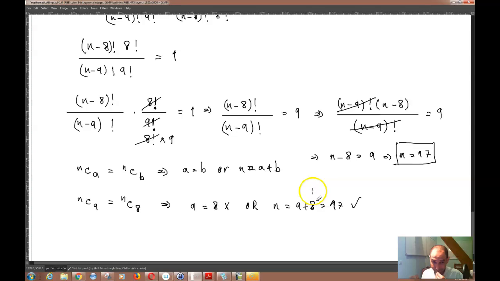Now what we wanted to calculate was n combination 17, which is the same thing as 17 combination 17, which is equal to n combination n, which is equal to 1. So that's how they have solved this problem, which is of course a good way of solving the problem.